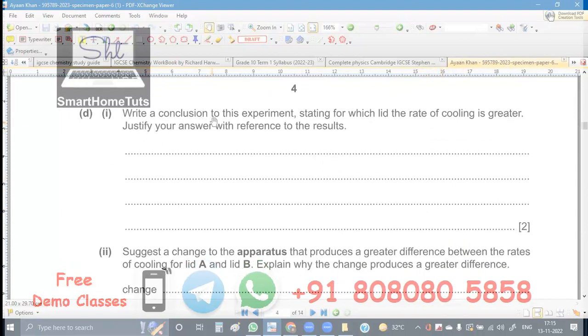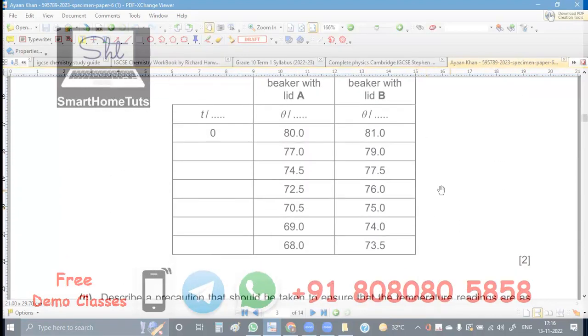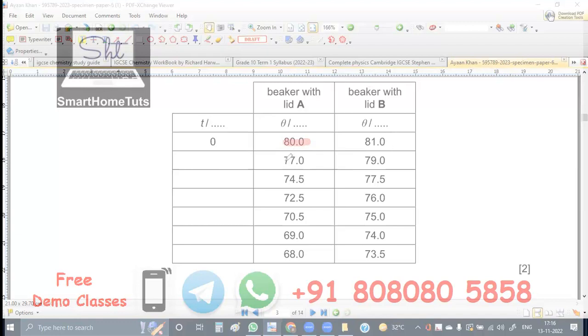Write a conclusion to this experiment, stating for which lid the rate of cooling is greater. Justify your answer with reference to the result. So we will note down the readings. For lid A, you can check the falls in temperature: 80, 77, 74, and for lid B, 81, 79, 77.7, 77.5.